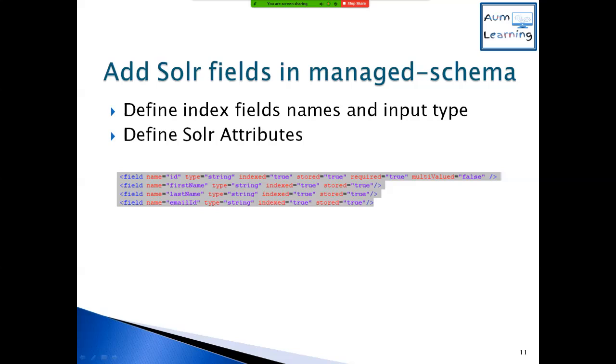Is it multi-valued? It's false. Multi-valued is nothing but a list. If it's a list, we can say true. Since it's a single ID, we say false. Similarly, we define other fields like first name, last name, email ID. These are the fields which we initially defined in the config file. We just put them into the Solr manage schema file.